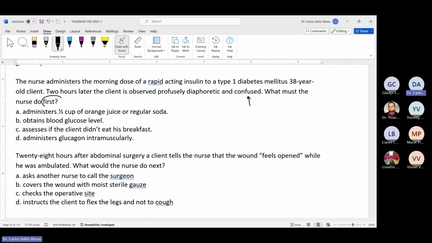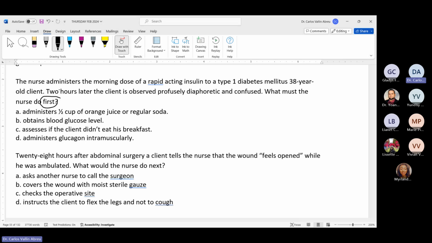This is a word that makes the question difficult. And I'm not tired of insisting: when you see in a test this word first, next, most important, primordial, a question of what is the most important, the prioritization, you know it is a difficult question.